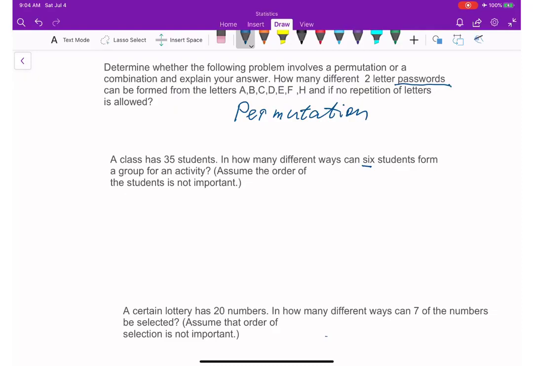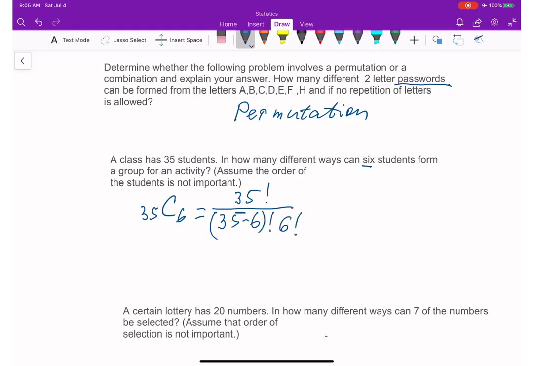Now let me ask you this. Is it important which student you will choose first for the group? No, of course not. So it's going to be combination. And we are using 6 out of 35. And that is going to be 35 factorial over 35 minus 6 factorial times 6 factorial.